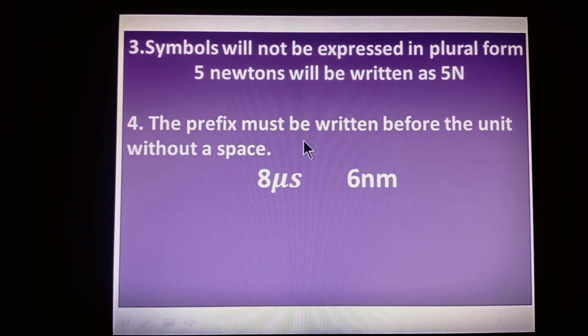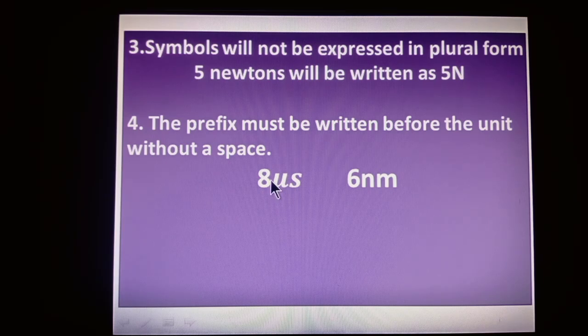Next point. The prefix must be written before the unit without a space. You know, prefixes are the words, or the symbols, that show some powers of 10. They are used before a unit to show some powers of 10. When you are using prefixes with a unit, there should not be a space.